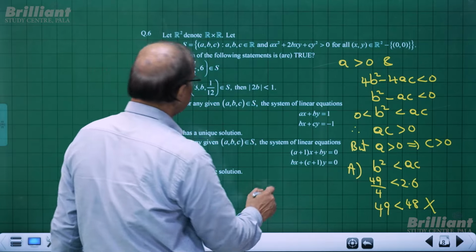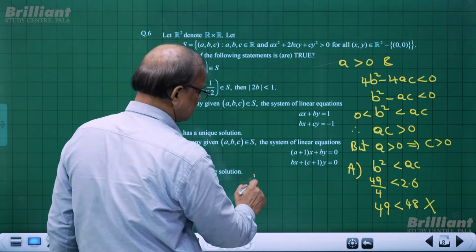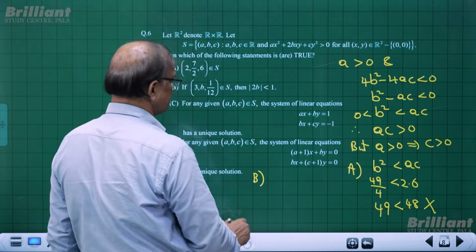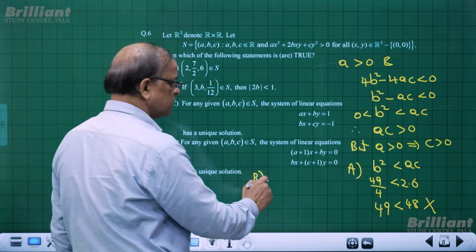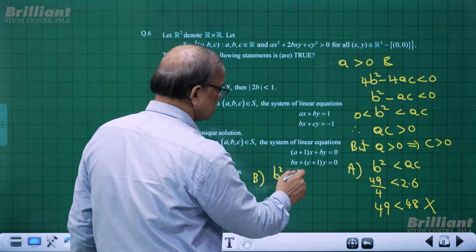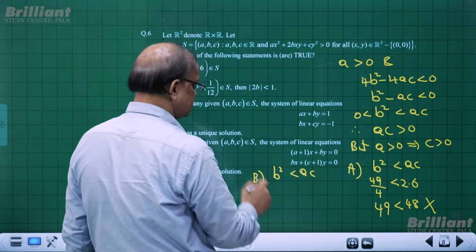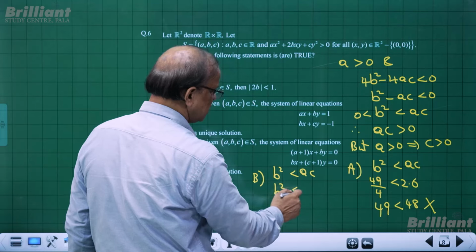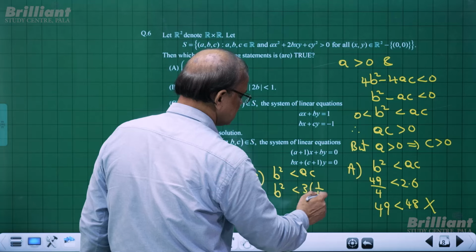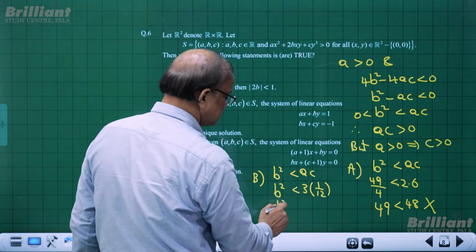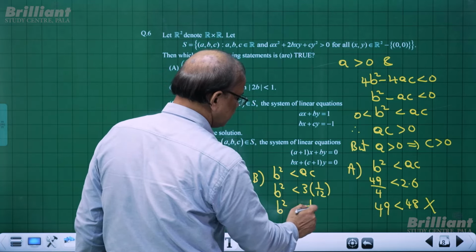Then option B. We will check whether it is satisfied or not. That is b square less than ac, where a is 3 and c is 1 by 12. So b square is less than 1 by 4.